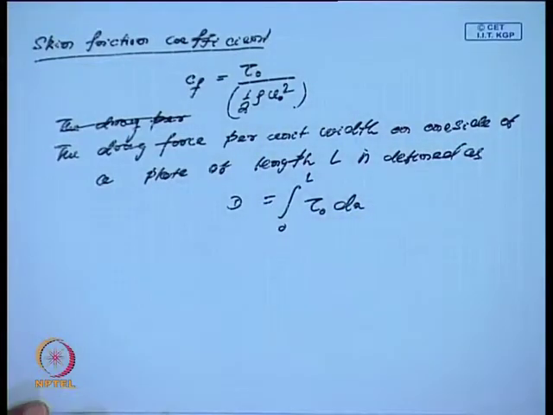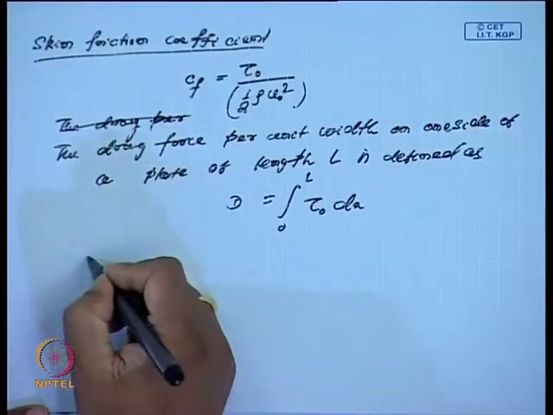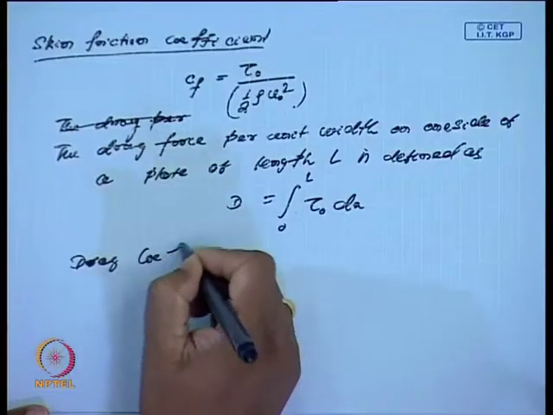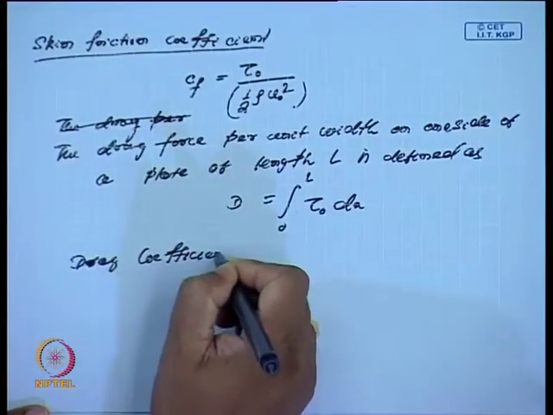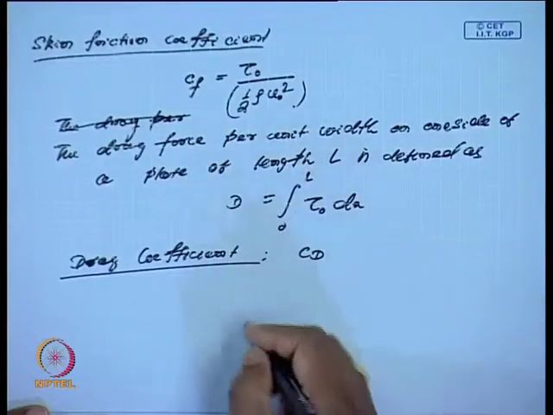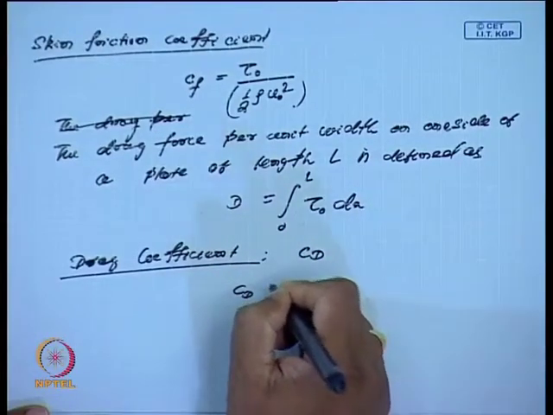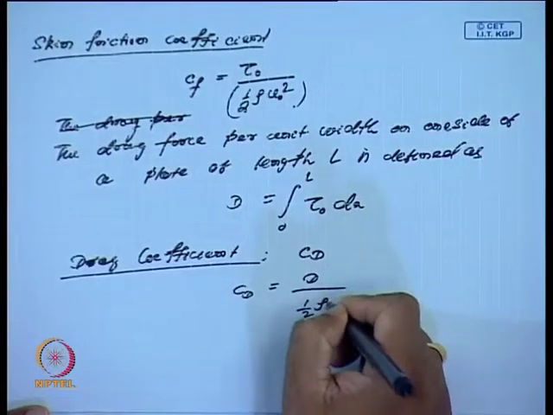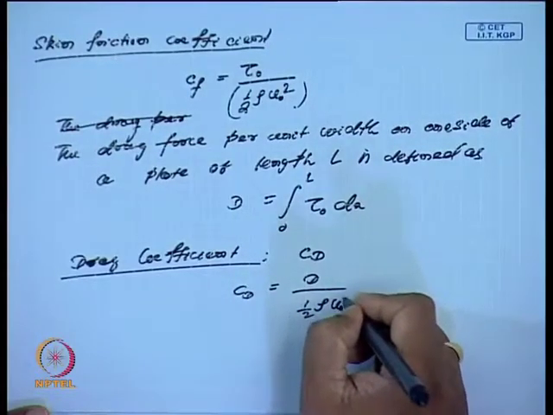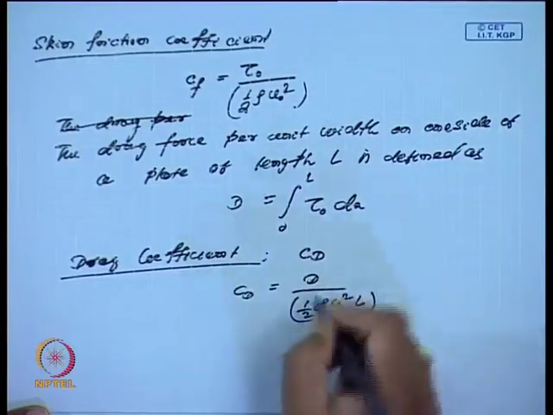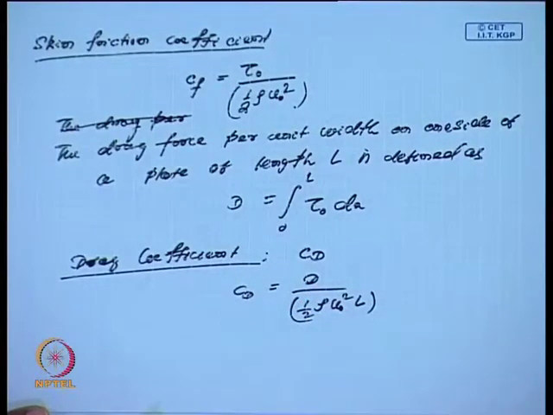This is the drag force per unit width on one side of a plate. Then we have what is called the drag coefficient, denoted by C D, and C D is nothing but D divided by half rho u naught square into L. This is called the drag coefficient. So, these are some of the terms.